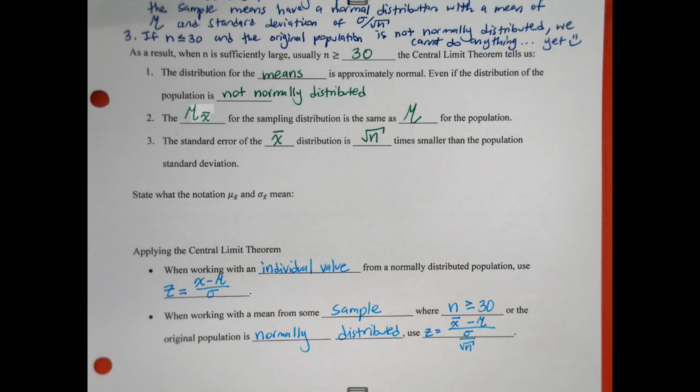So the process that we will go through to solve these problems will be similar. We will find our z-value. We will then look at our normal distribution table to find the proportion and use that to answer our questions. That takes us to example 1.